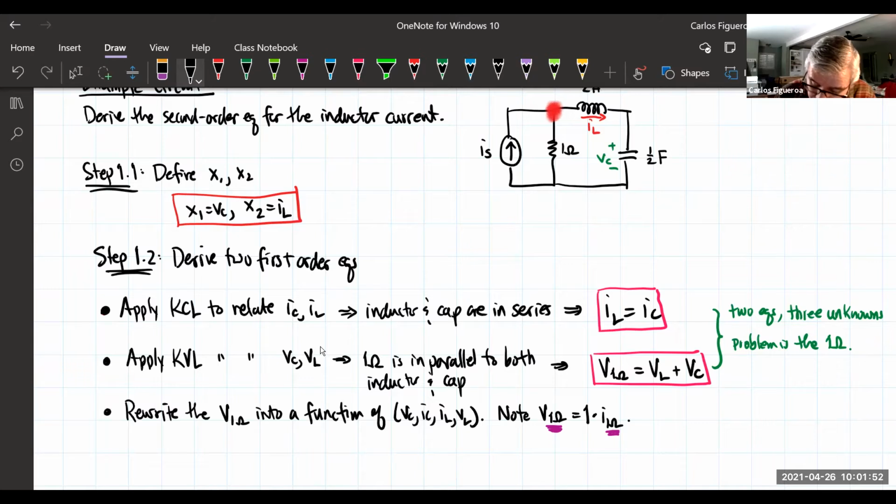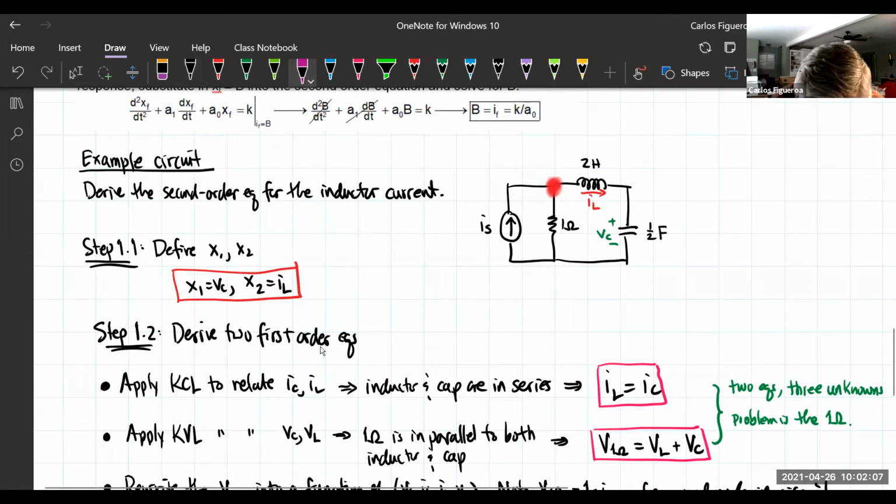So from the red node in the circuit, you could see what I'm getting: the source current, the 1 ohm current, and of course the inductor current right there.